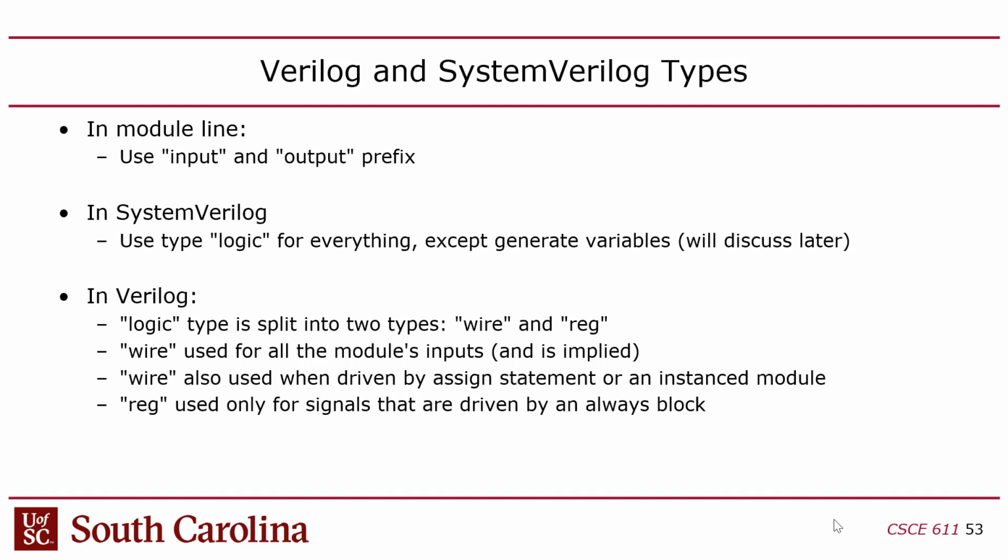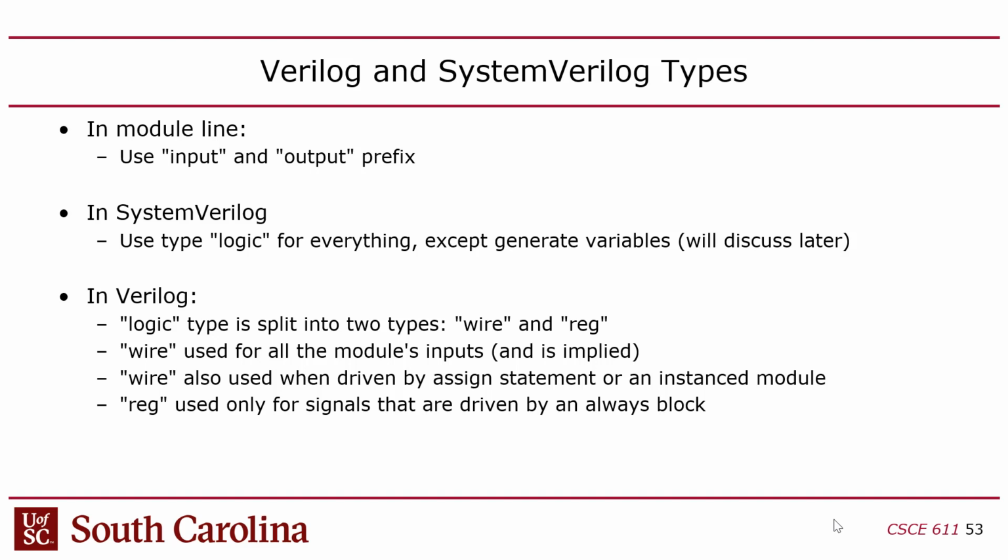Logic has 4 different values though, in simulation at least. There's 0, 1, and there's X, which is conflict, and there's Z, which is high impedance. I didn't cover that in this class though, because we're not doing simulation. We're just going to put everything on the board and test everything on the board. So in the case of the hardware, it's just 0 or 1. It's meant to be a binary signal.